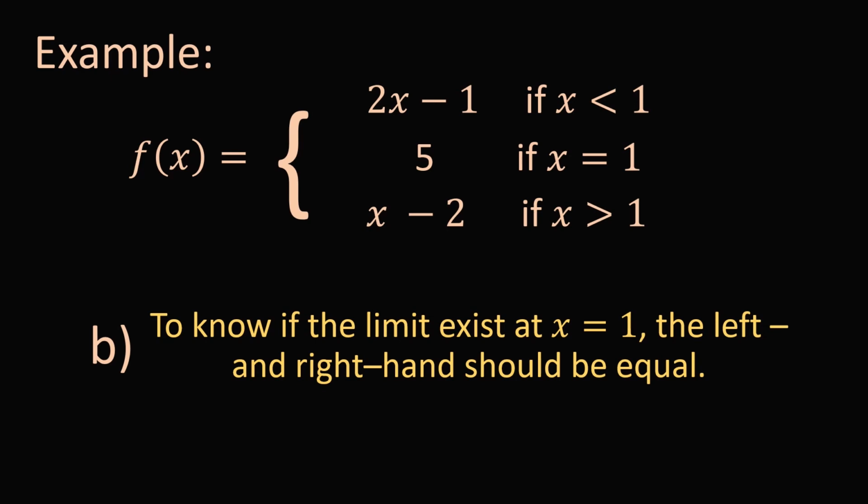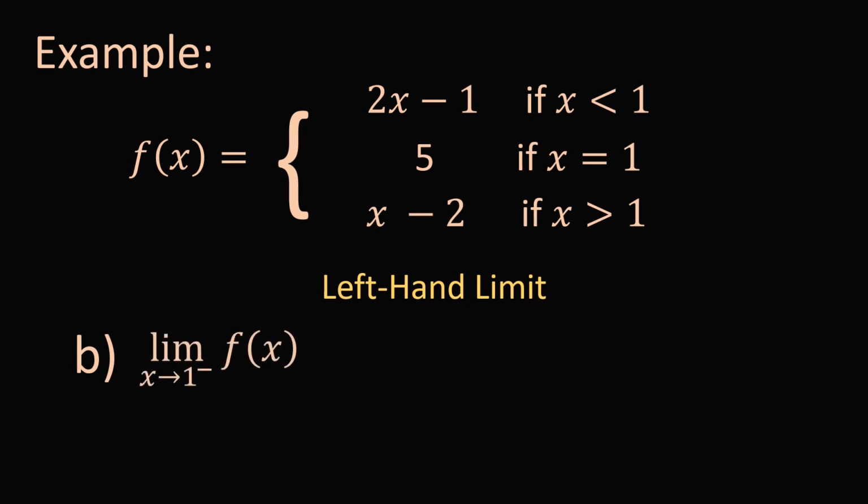So, pag sinabi natin left hand limit, we're going to determine or substitute the values which are less than 1. Okay? So it will be read as the limit of f of x as x approaches 1 from the left. So ito yung mga numbers na approaching kay 1 na less than 1.